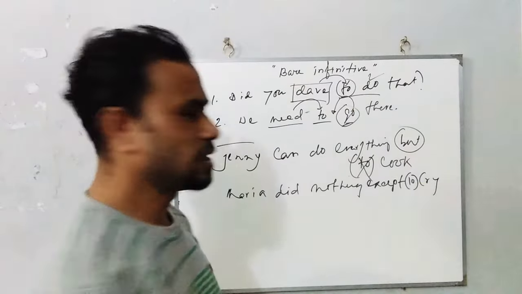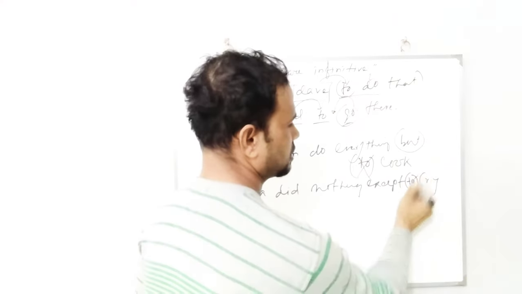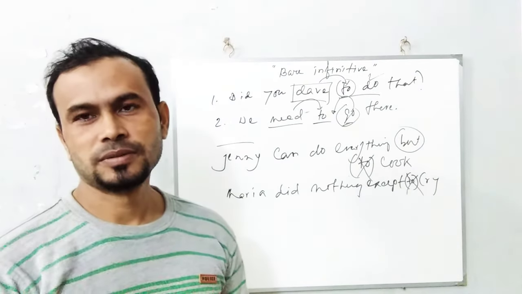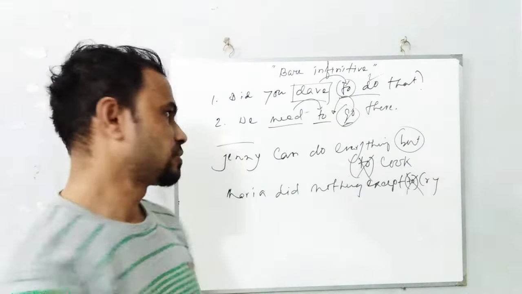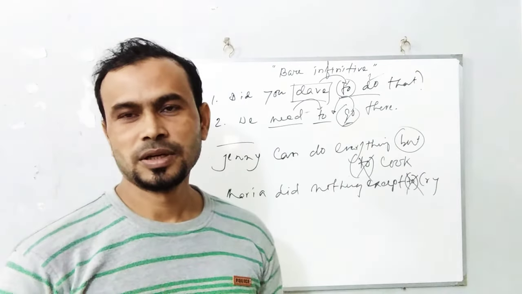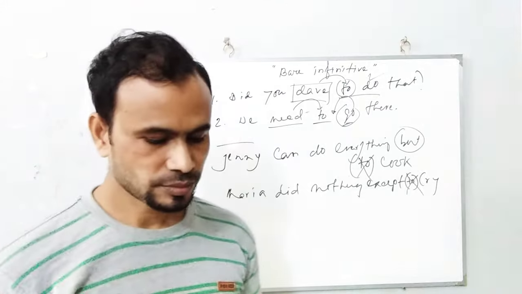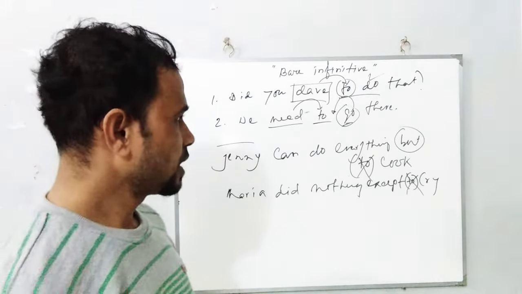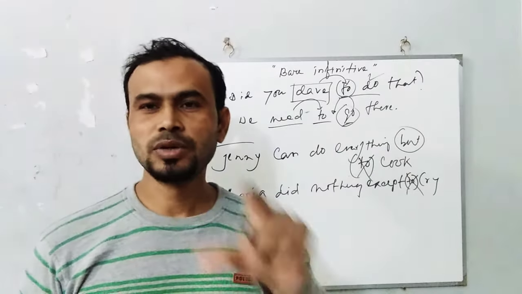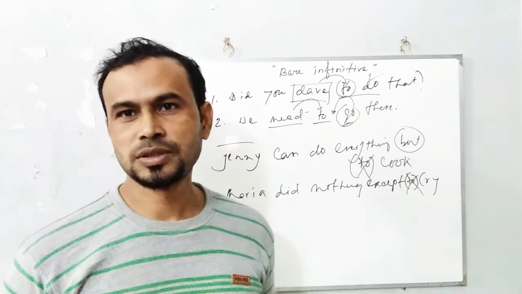Except we can say to cry, but we don't use to before cry after except. Already I have told you details of it. So I think from these topics you got important information.